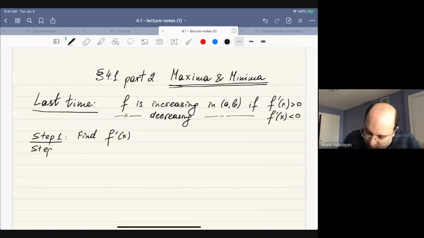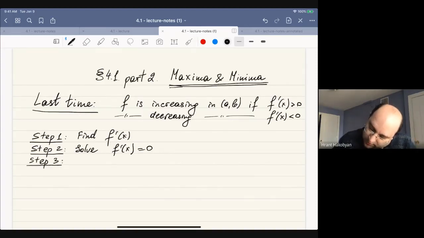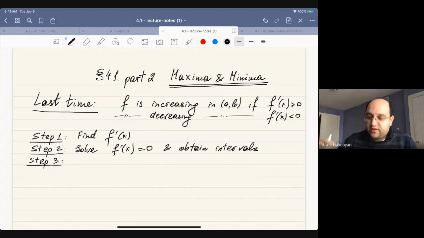Step 2 was to solve f prime of x equals 0, and obtain the intervals where the function is increasing or decreasing.